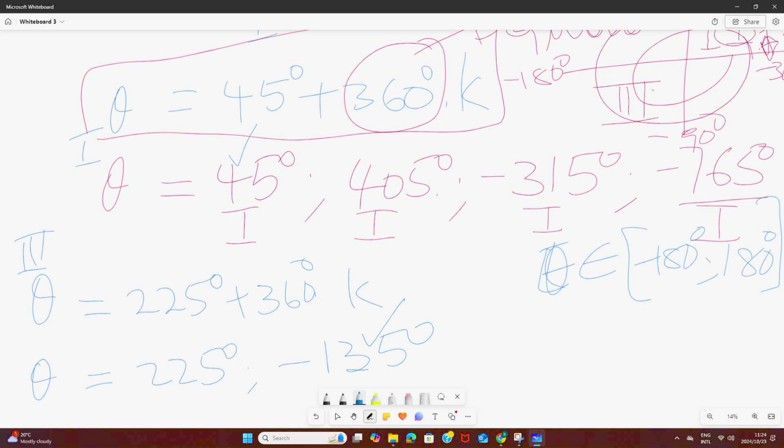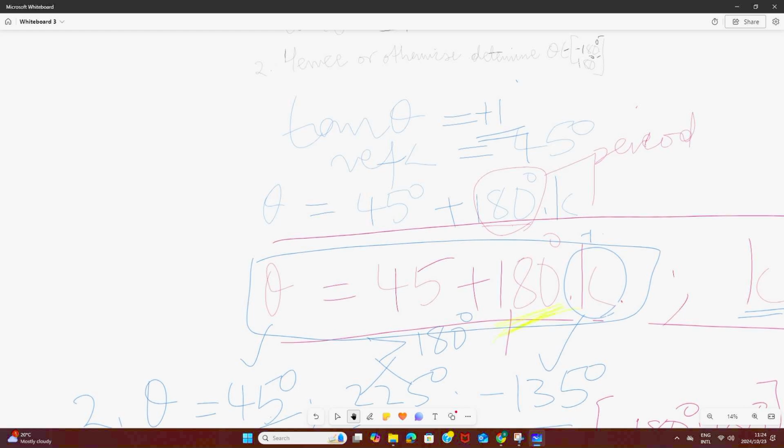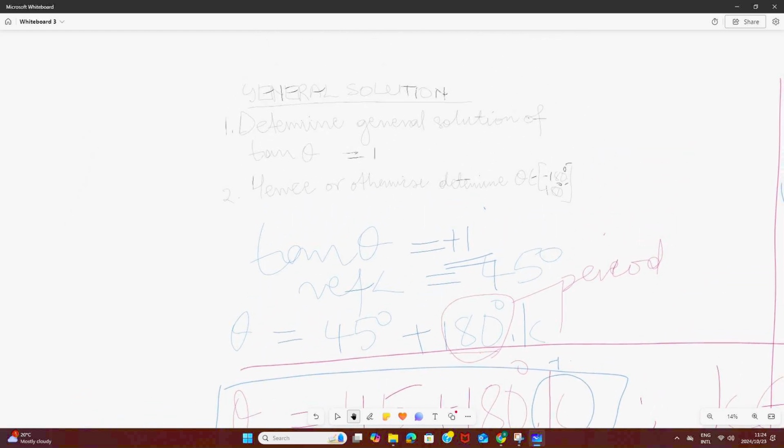But if you are using the period of tan, just one solution will cover all the quadrants, if you are using 180 as the period of tan. But if it's 360 as in the Cartesian plane, there must be two solutions. Tan is positive in the first and third quadrant. That's what I wanted to clarify.